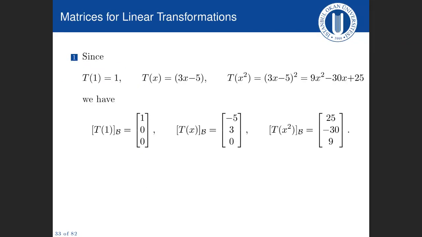Next, coordinates of T of x, T of the second basis vector. We have minus 5 times 1 plus 3 times x plus 0 times x squared. And then finally, 25 times 1 minus 30 times x plus 9 times x squared.